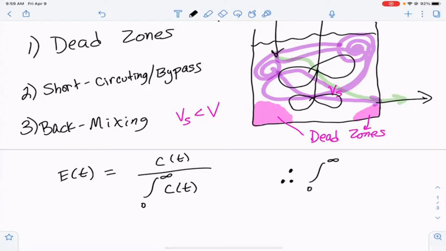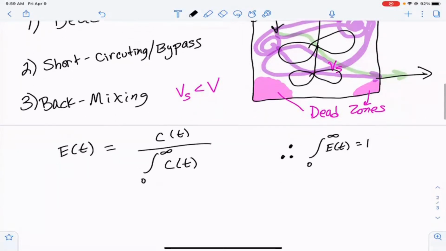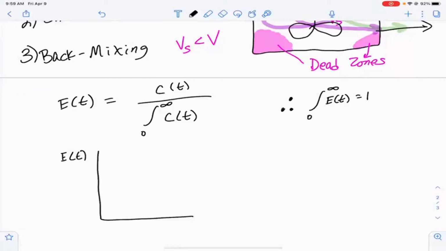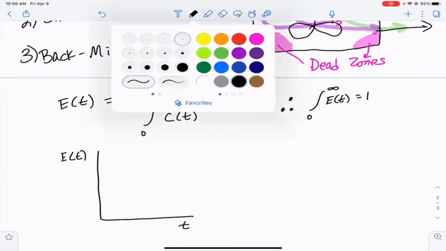So the integral from 0 to infinity of E of t is equal to 1. And all that this says is that over an infinite amount of time, we're able to measure everything that we added into the reactor. And they like to do this. And actually, these E of t functions can be pretty helpful, where let's say for a CSTR, if we looked at that function with time, well, let's look at 2 cases maybe.